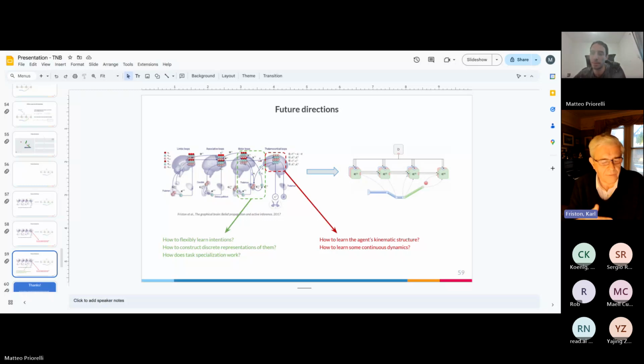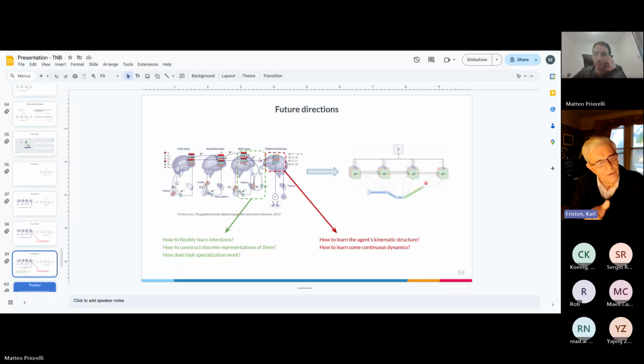And that can be described in various ways. We originally introduced that in terms of something called dynamic expectation maximization. It's not really expectation maximization. We just used that so people would understand the kind of scheme.